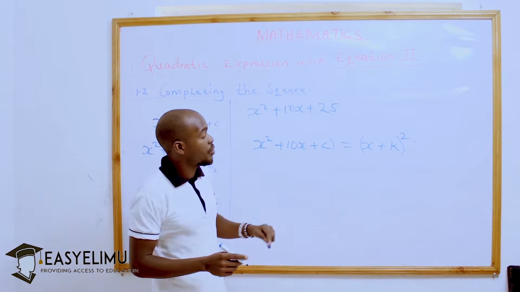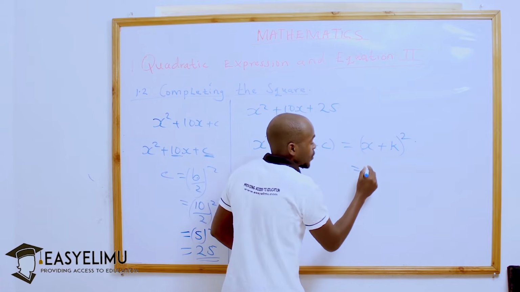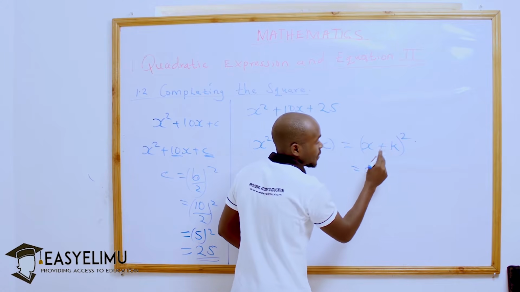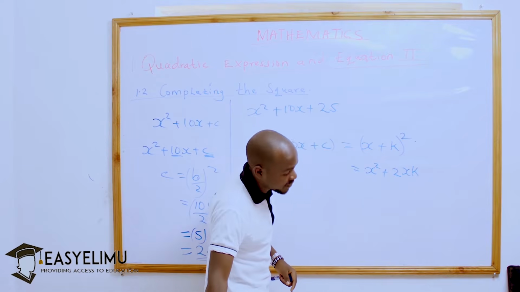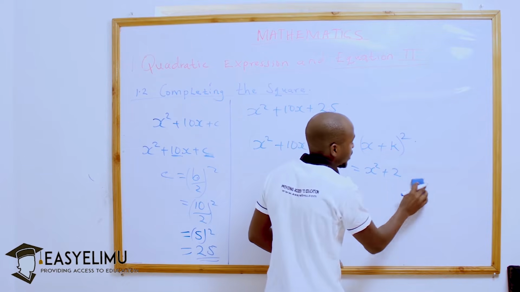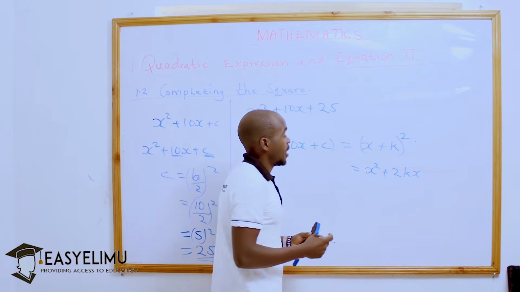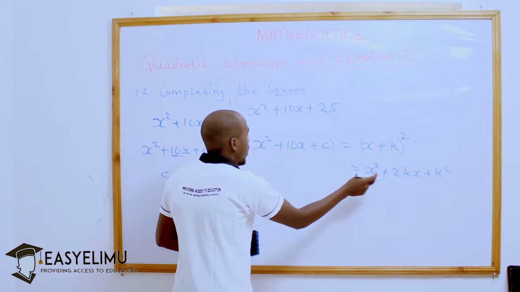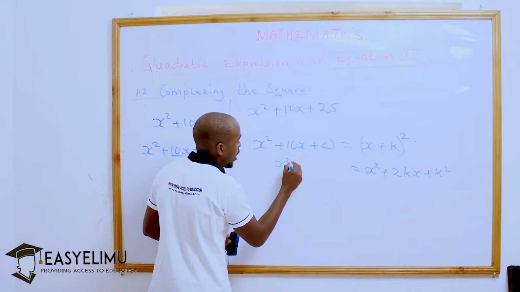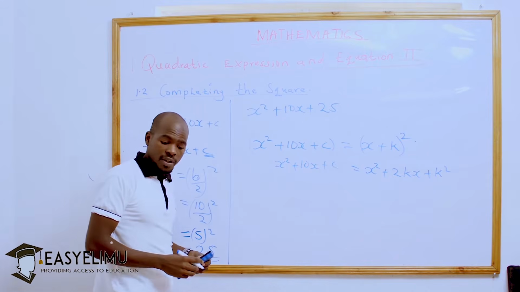If we do that, we are going to have x squared plus 2xk, or 2kx as you may want to rewrite it, then plus k squared. So that should give us x squared plus 10x plus c.